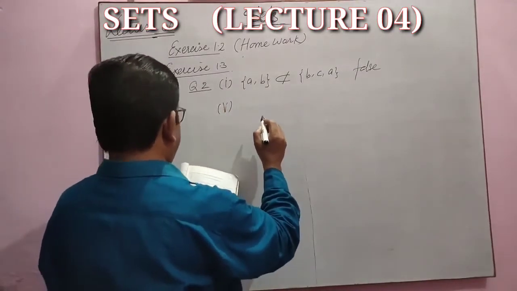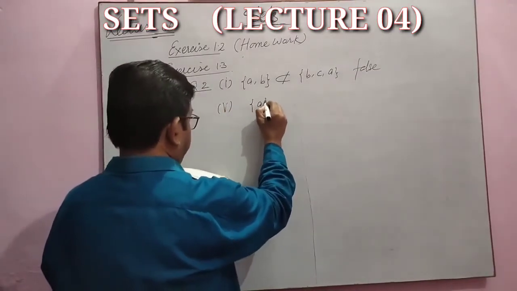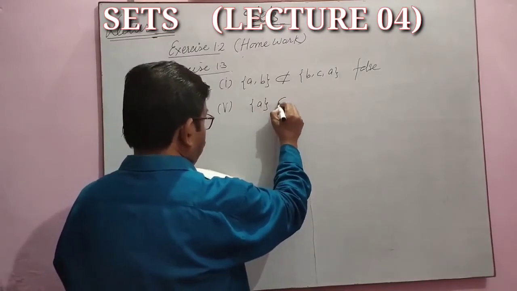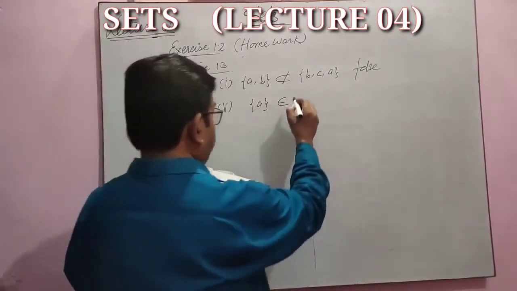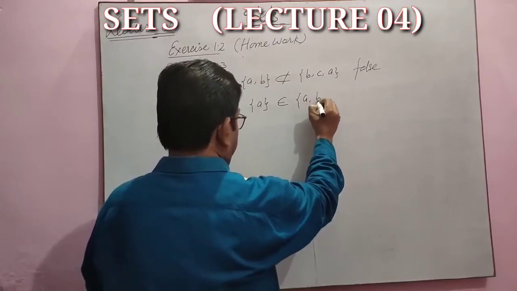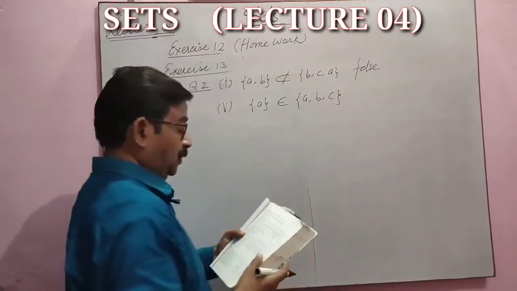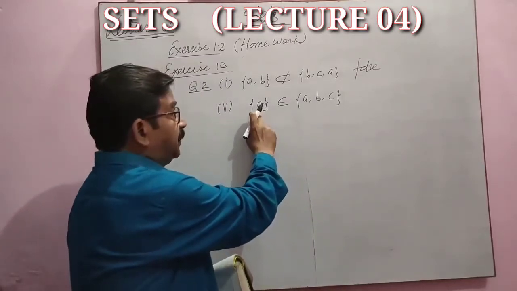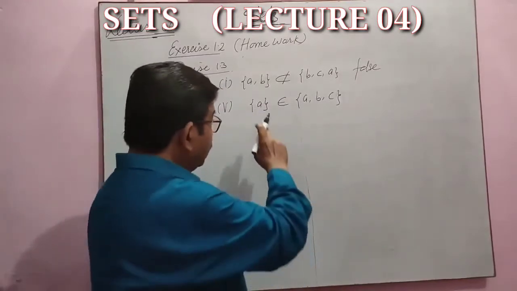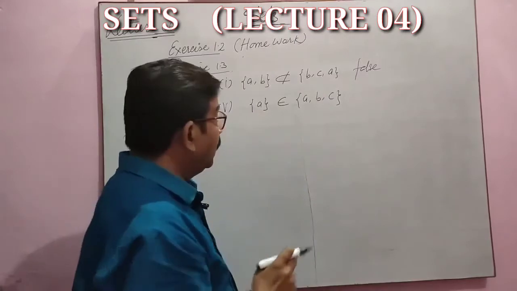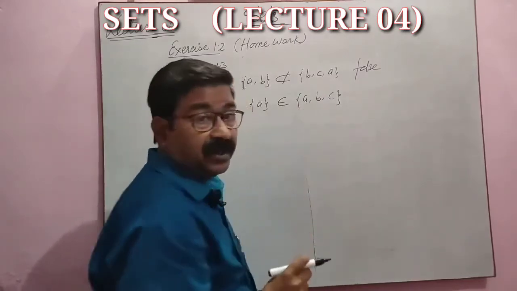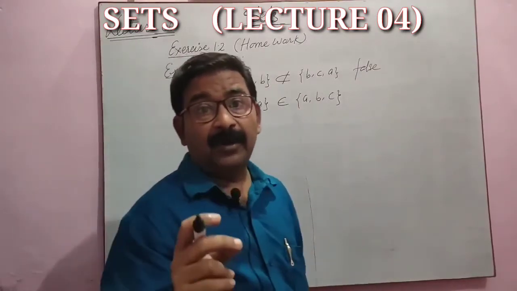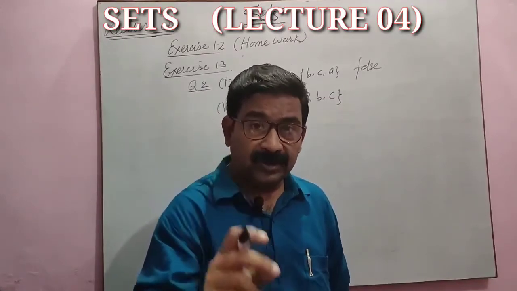Here it is written {A} belongs to {A, B, C}. Try to understand. This A is written in brackets. It means this is a set and this one is also a set. A set never belongs to a set.